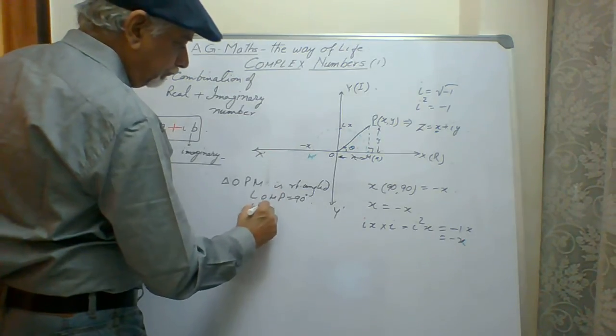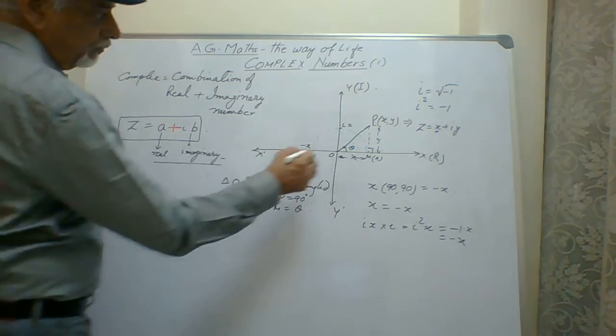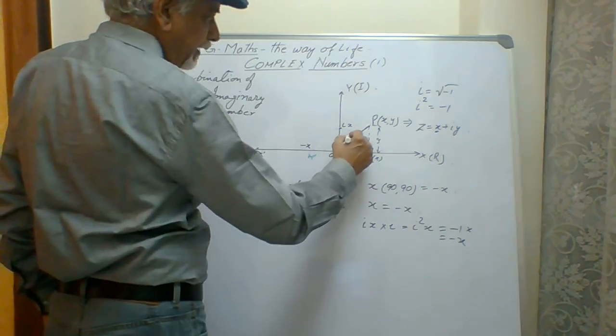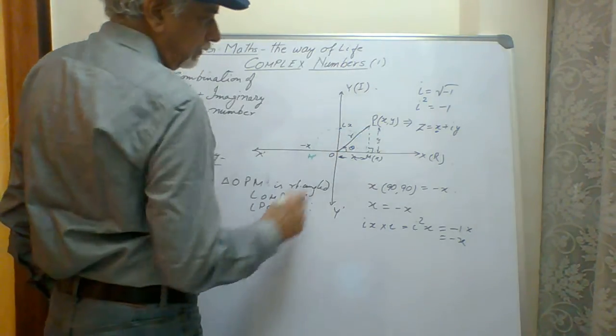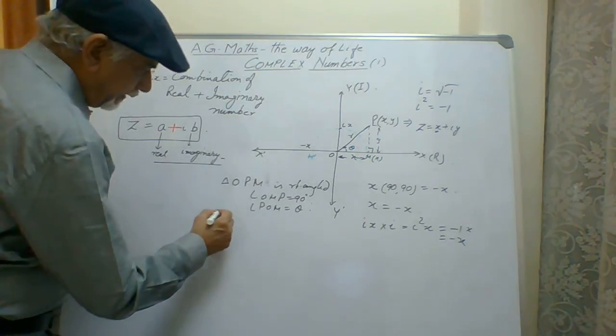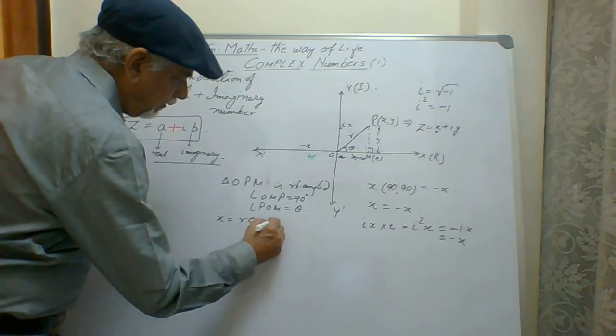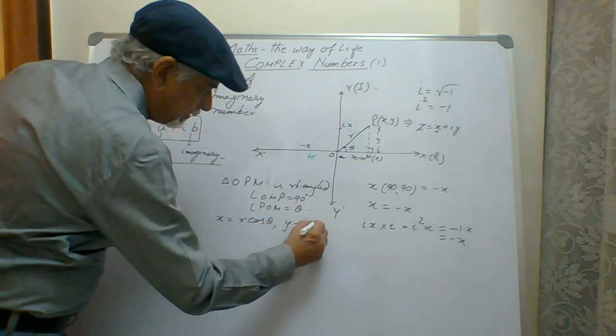Angle POM is theta. So what is this? If I call OP as R, this radius we call R, then I can write x is equal to R cos theta and y is equal to R sin theta.